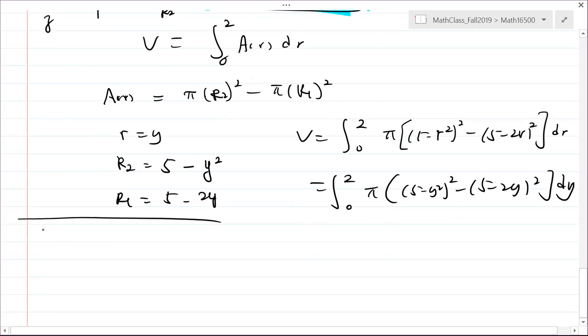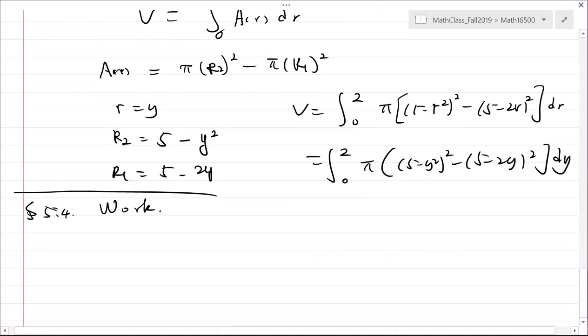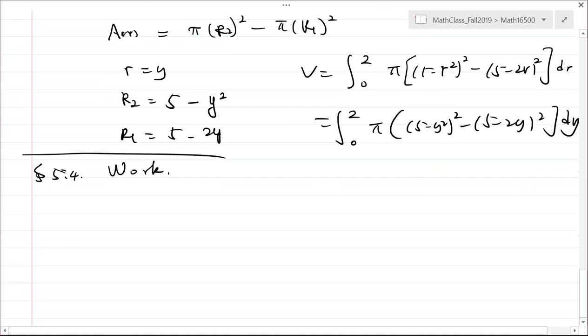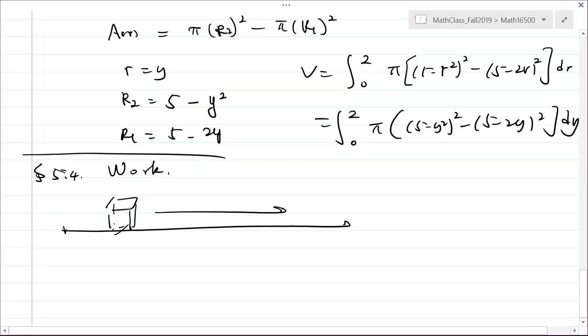So today we are going to talk about section 5.4. Okay, the simplest case is we try to move a box from here to here at a horizontal distance.